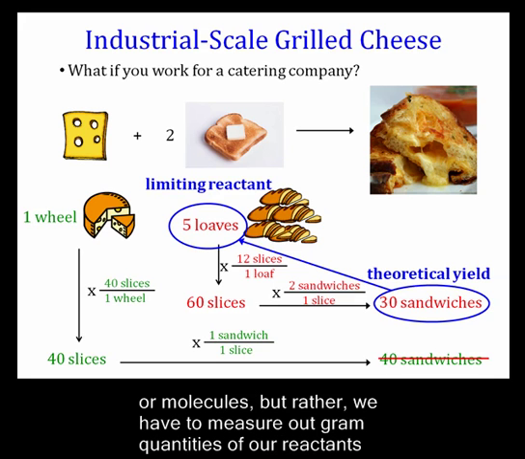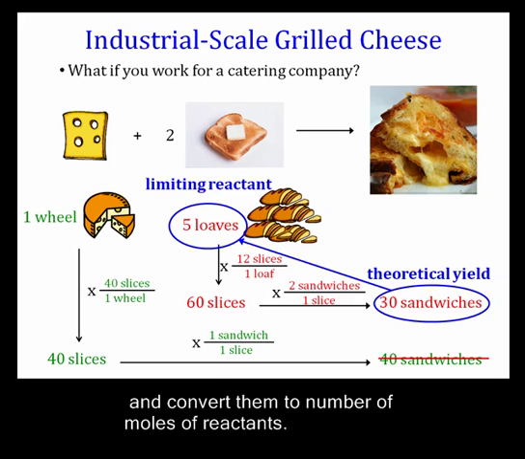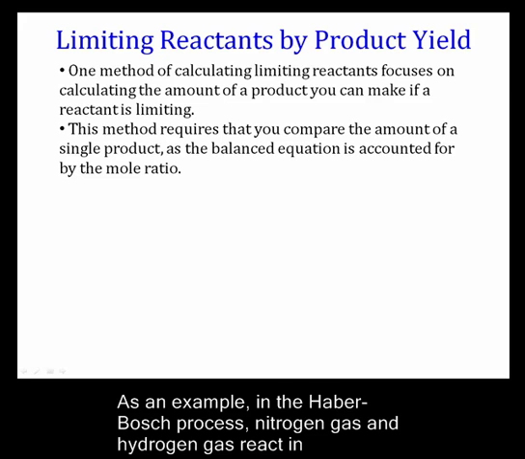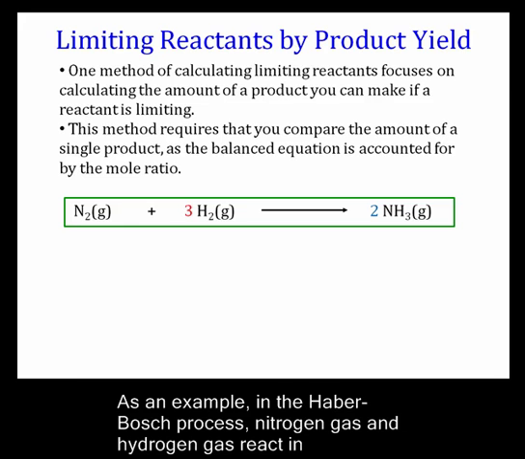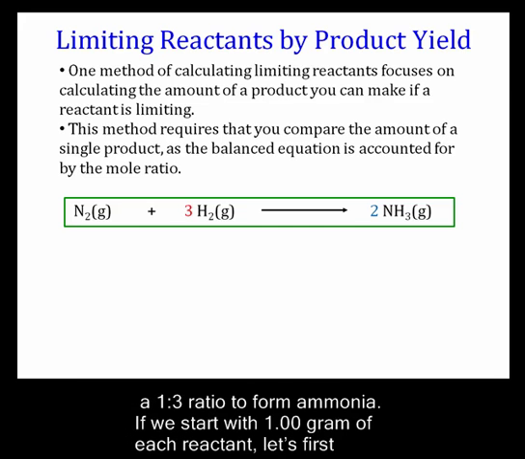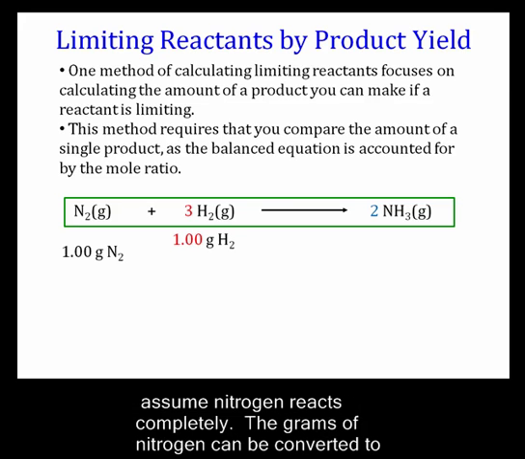This is very similar to chemical reactions, where we can't measure out numbers of atoms or molecules, but rather we have to measure out gram quantities of our reactants and convert them to numbers of moles of reactants. As an example, in the Haber-Bosch process, nitrogen gas and hydrogen gas react in a 1:3 ratio to form ammonia. If we start with 1 gram of each reactant, let's first assume that nitrogen reacts completely.